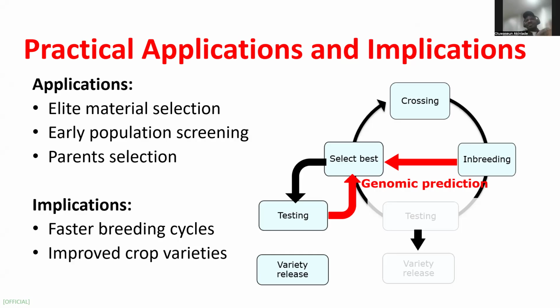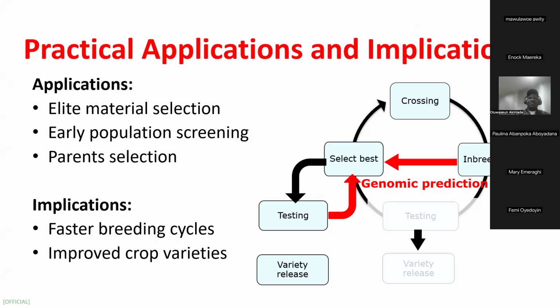That is where genomic selection is useful. It's not useful when you already have phenotype and genotype. Okay, thank you. Like I said, it depends on the application. If you want early material, early population screening, or parent selection, that will determine what you do. And if it is multi-trait, you have to analyze each trait and have GBV for each, and then select based on that.